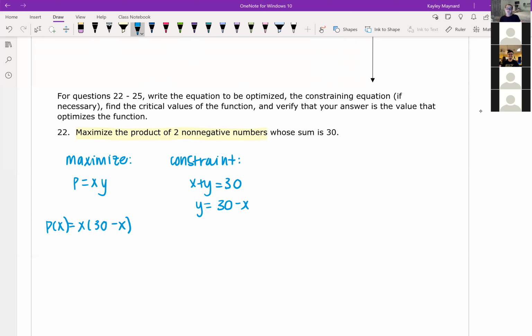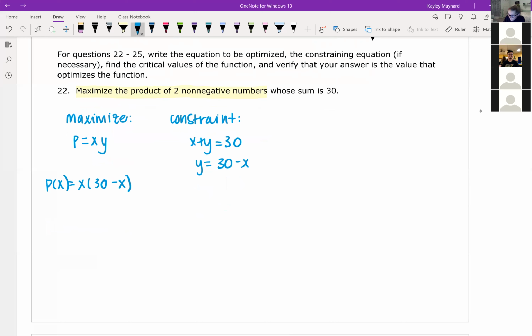So we're told that their sum must be equal to 30. So we obviously can't plug anything in for x that's greater than 30. Because if we plug in something greater than 30, that doesn't meet the requirements. So our domain is from 0 to 30. Anything less than that breaks the fact that these numbers are non-negative. And anything greater than 30 breaks the fact that their sum has to be 30.